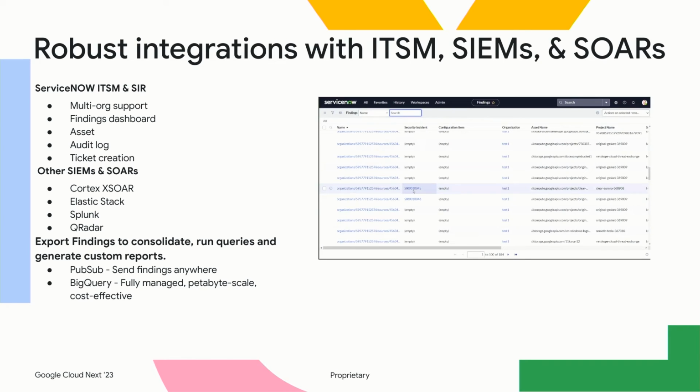One of the most notable is our integration with ServiceNow, which includes support for multiple orgs, findings, dashboards, workflows, and much more. We also offer a Pub/Sub model, which enables you to integrate findings with virtually any third-party system, and you can also export to BigQuery. We have a lot of customers that do that to build out their own dashboards and custom reporting.